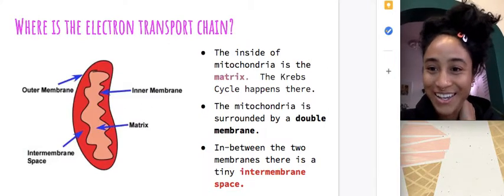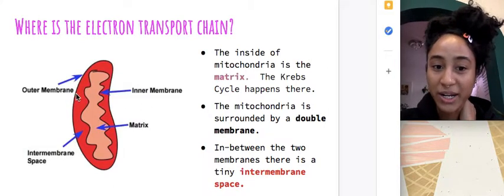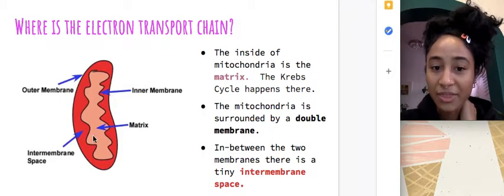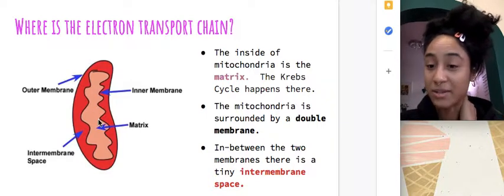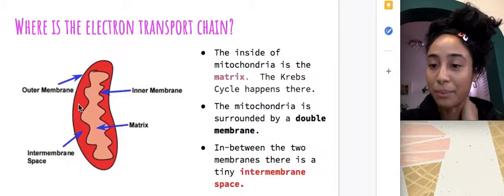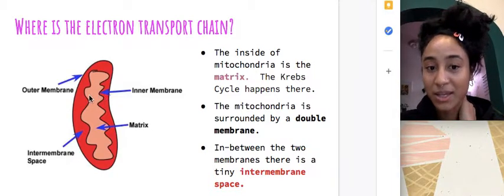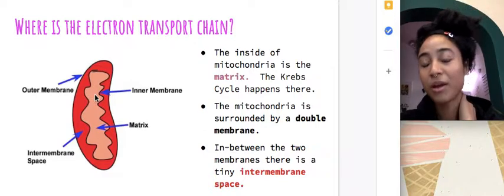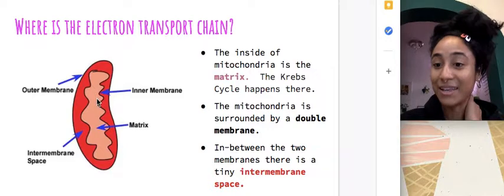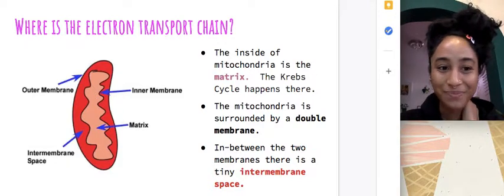So here is our double membrane, outer membrane, inner membrane. The darker red is the inner membrane space, and the lighter orange salmon color is the matrix. So this dark red is where all of our protons are going to accumulate, and they're going to pass through the membrane through ATP synthase. ATP synthase is going to synthesize ATP, and that ATP will be made in the matrix of the mitochondria.